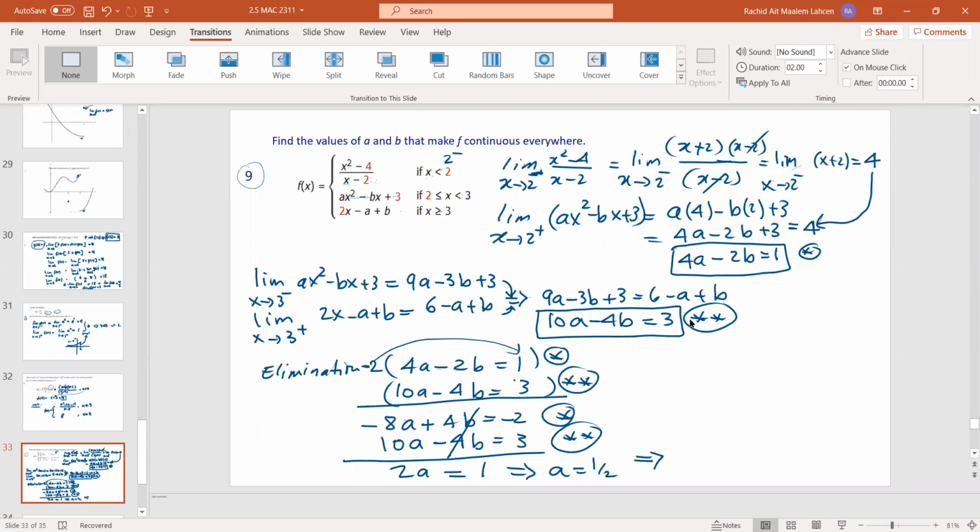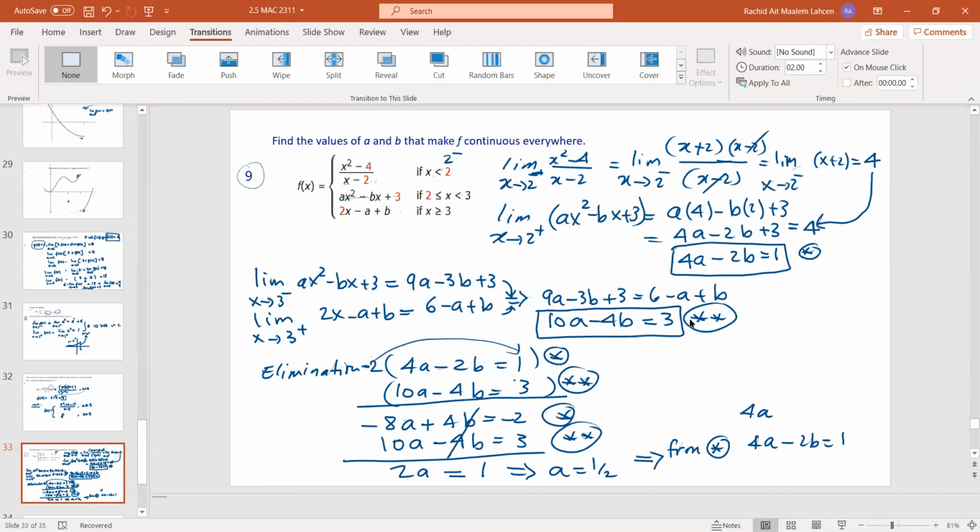And we can pick either star or double star to find b, either way. So if we do this and you want b by itself, you bring 2b to this side and bring 1 to the other side, subtract 1.